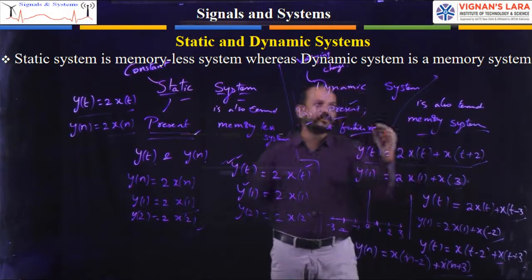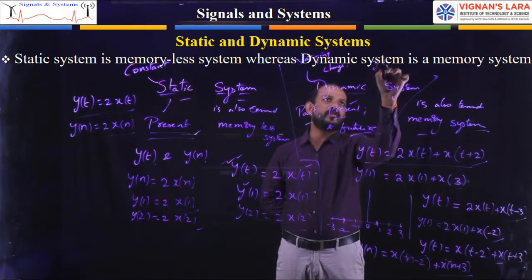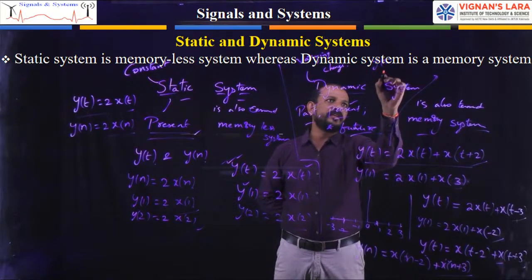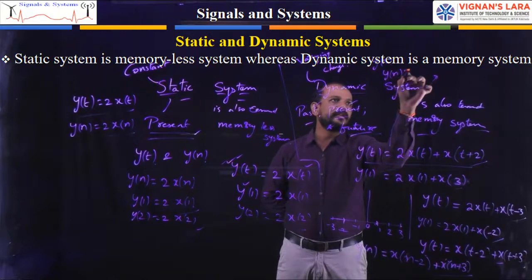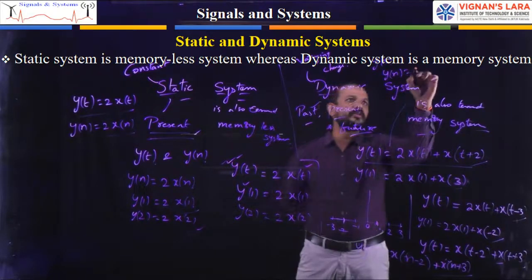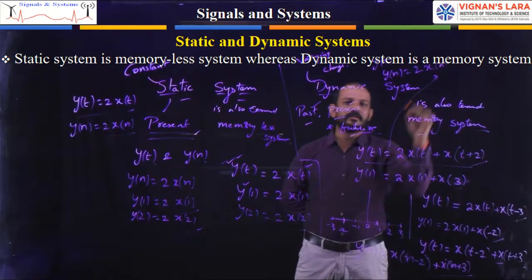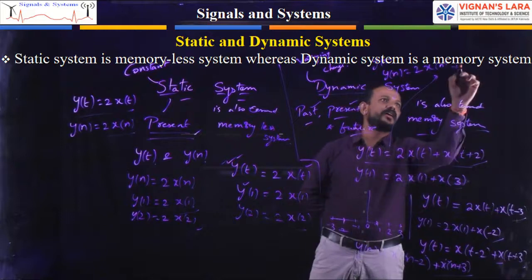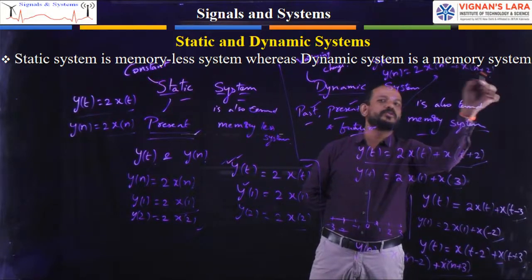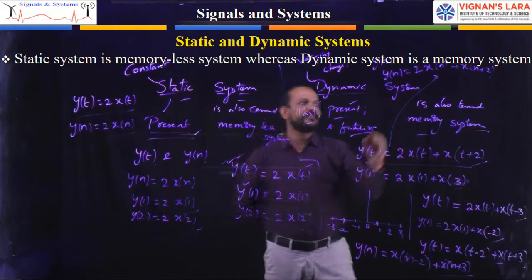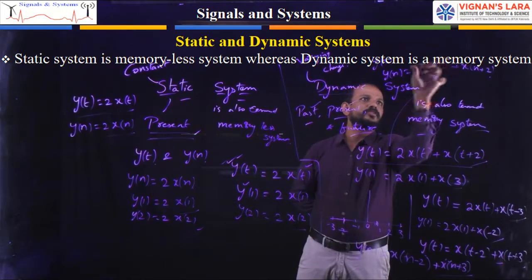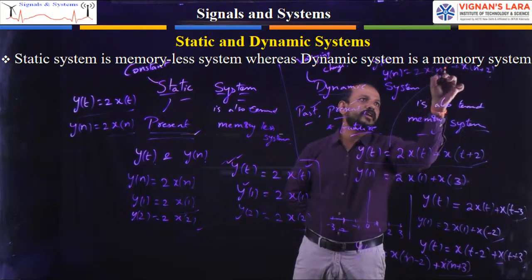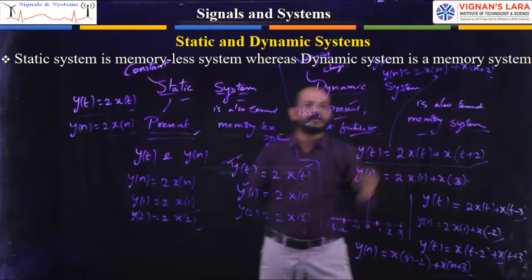So if you want to rewrite the other equation, how will you rewrite this one? In place of y of t I have to write y of n. I'm writing again, y of n equal to 2 into x of n plus x of n plus 2.